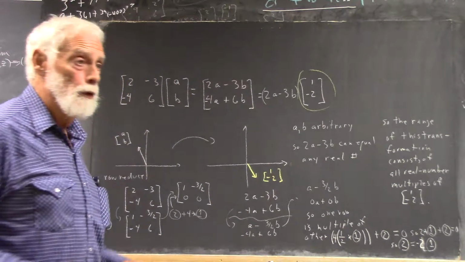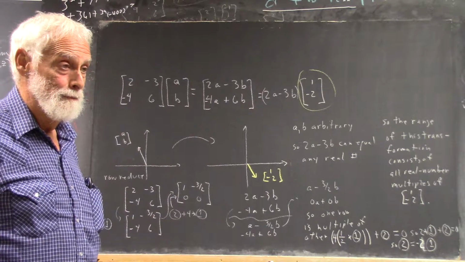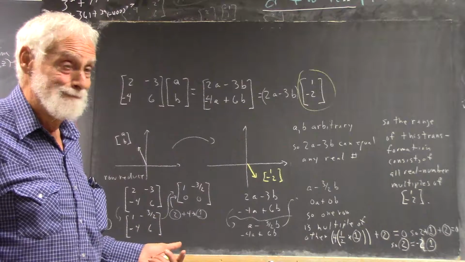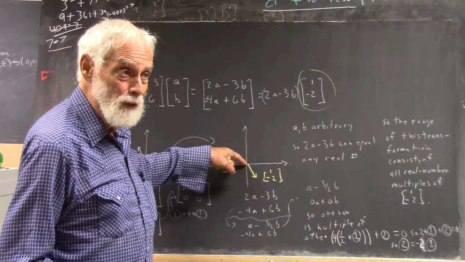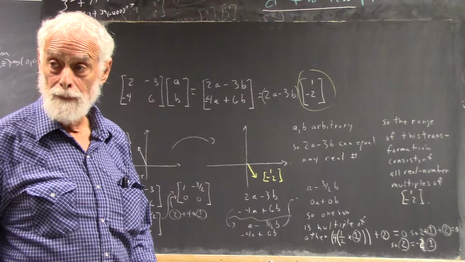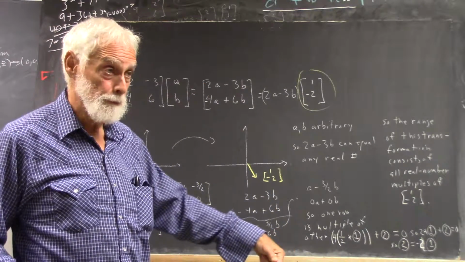Well, where do all the real number multiples of 1, negative 2 land? If you start the vector at the origin, where will all the multiples of 1, negative 2 be? Along that straight line that's defined by this vector.